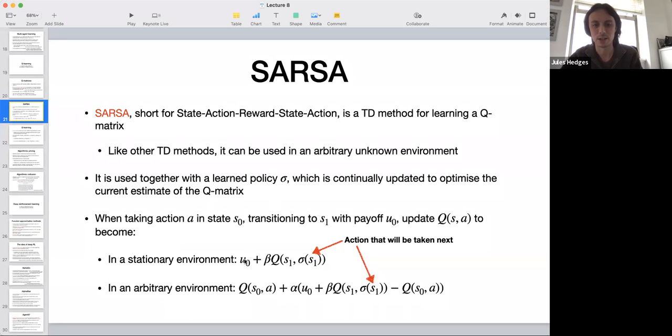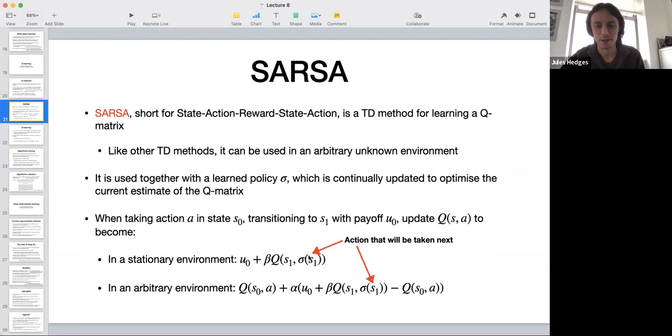We get the payoff that we got plus the discounted estimated payoff that we will get in the future if in the next round the action we take is what the current policy says to do in the next state. This is where we use the policy that we're learning alongside the Q matrix.